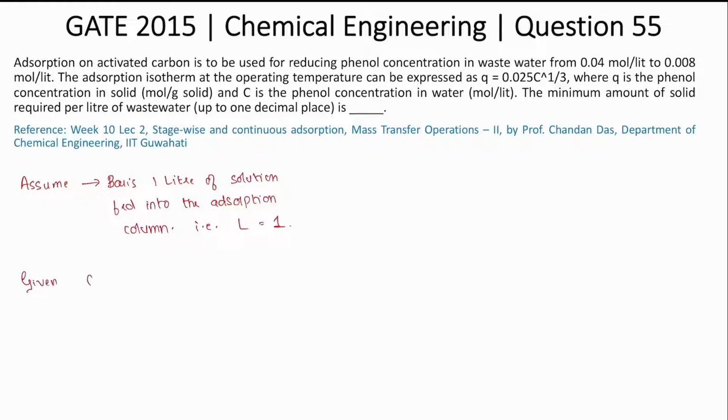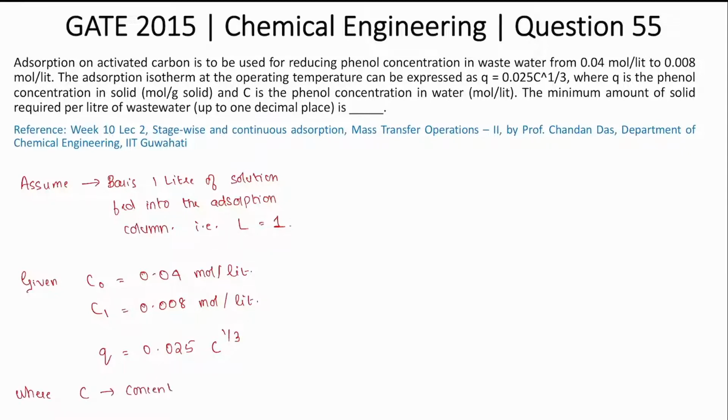Now, other given data are C0 is equal to 0.04 mole per liter, C1 is equal to 0.008 mole per liter, and the adsorption isotherm is Q is equal to 0.025 C raised to 1 by 3.